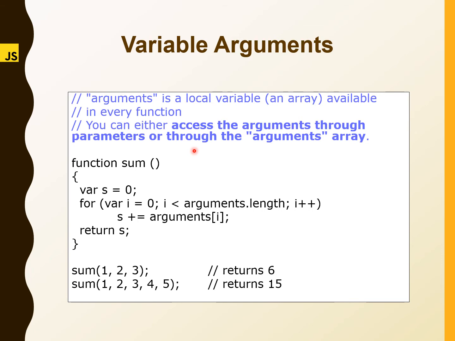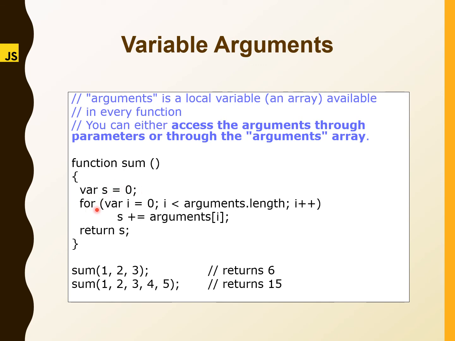Here we have a function called sum. Inside the function, we specify the function keyword, then the function name, then empty parentheses. That means there are no parameters for this particular function. Then curly braces. Inside the function body, a variable s is declared with initial value 0.